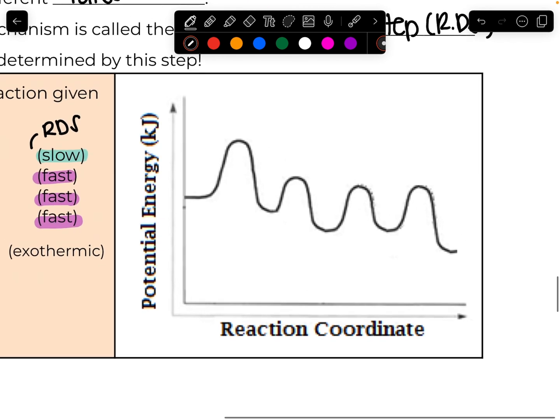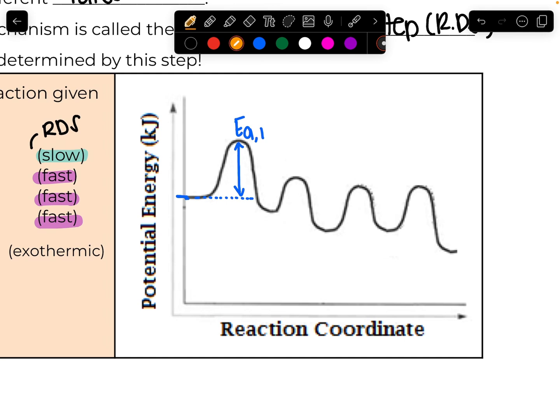If you look at the potential energy diagram, I'll do it in blue so the color coding matches. This is the initial energy of your reactants for step 1. So where's the activation energy? Well, it starts at that potential energy of your reactants and it goes up to the peak. So this is EA for step 1. This is your rate determining step.